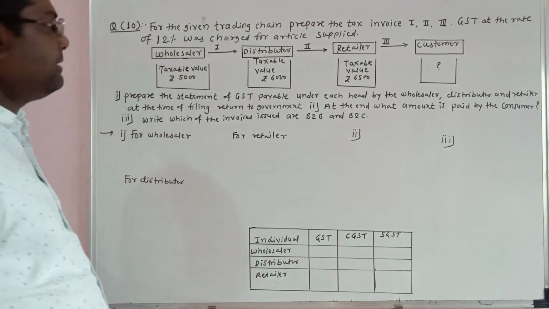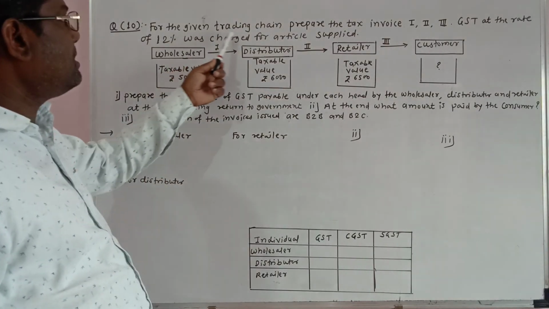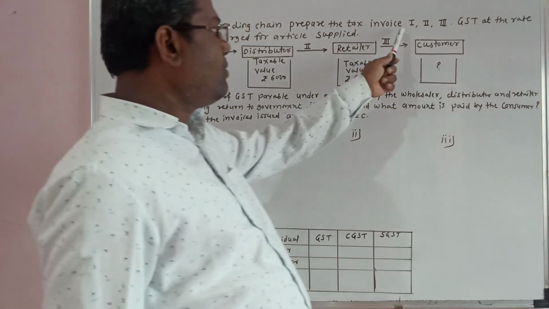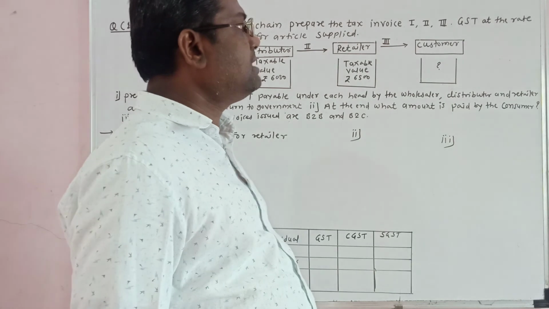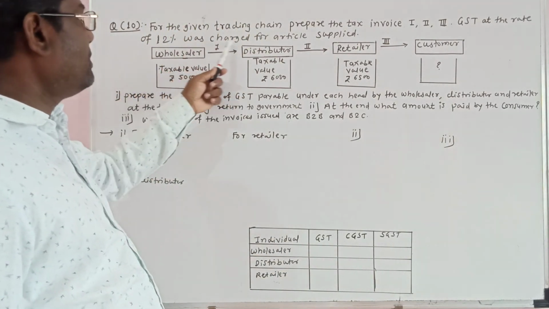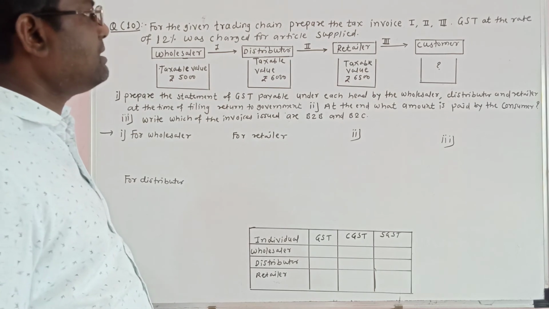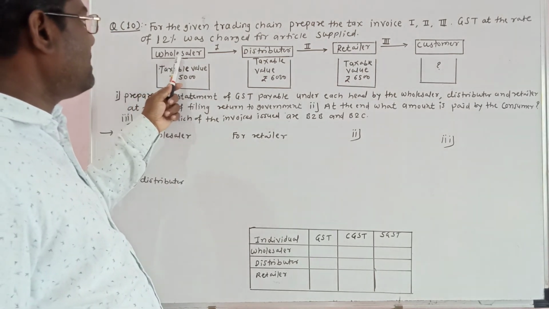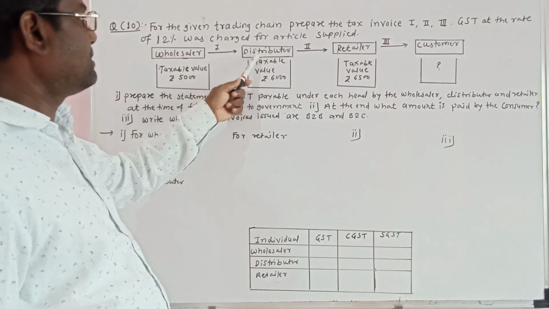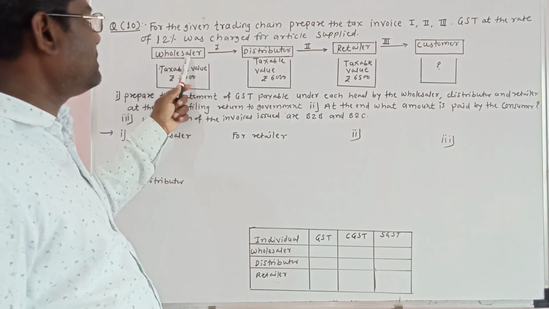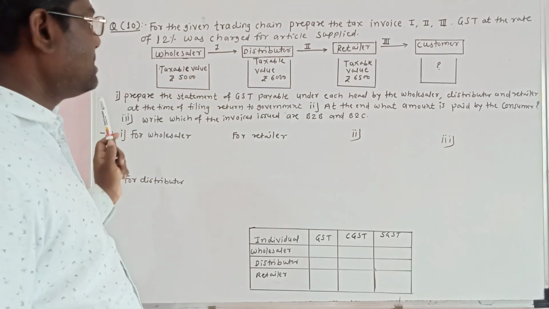Question number 10. For the given trading chain, prepare the tax invoice 1, 2, 3. GST at the rate of 12% was charged for articles supplied. Here the trading chain is wholesaler to distributor. Tax invoice number 1: the wholesaler has to give a tax invoice to the distributor.